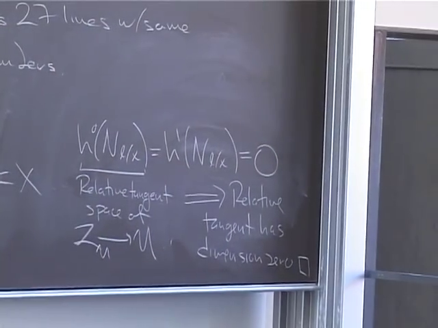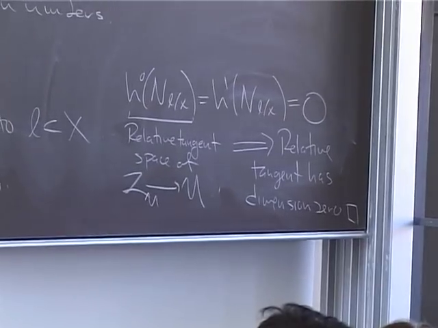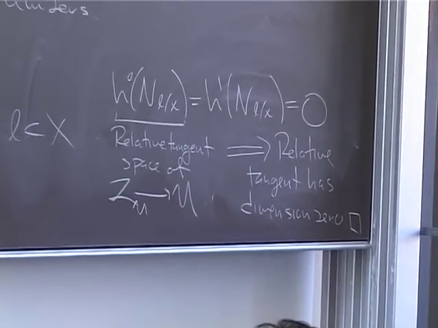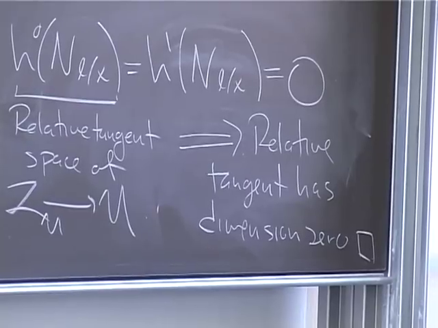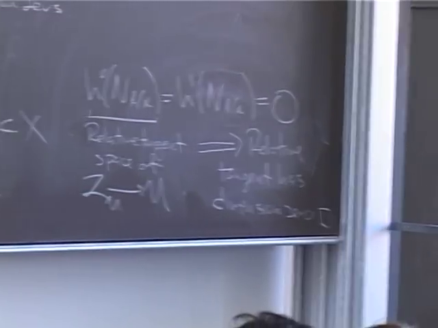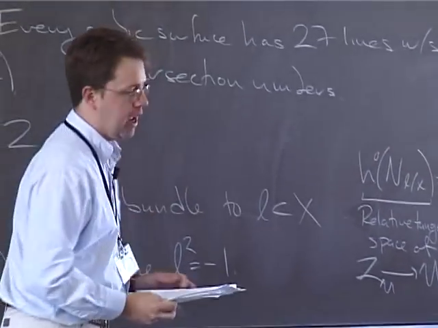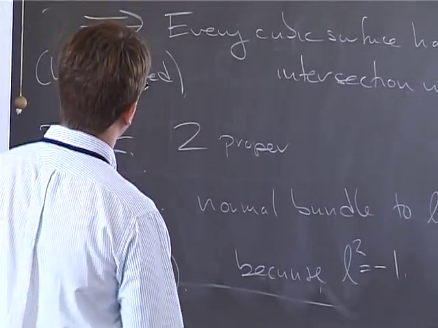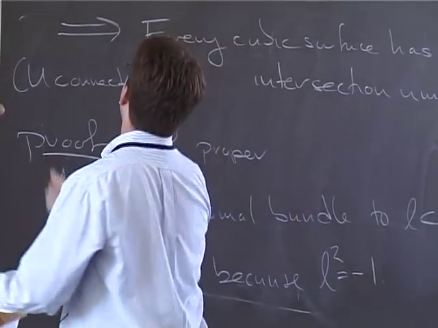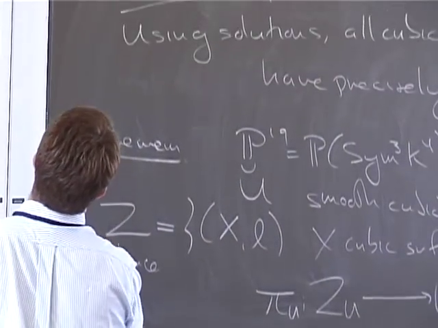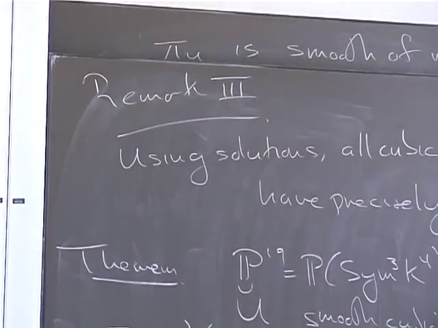Deformation theoretic arguments will come up a lot in the summer school, so we might as well start the first day. So now, having this information in hand, we can go back and classify all cubic surfaces. Remember our questions. Well, we've answered 2, right?